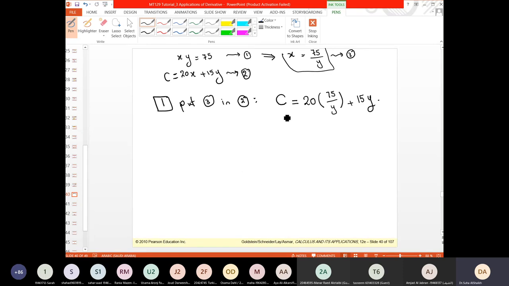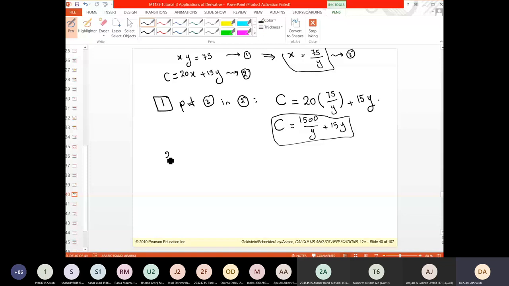So we multiply and simplify the things. This will equal 20 multiplied by 75. Yeah, correct. It's 1,500 over y plus 15y. Now my equation is all in y.